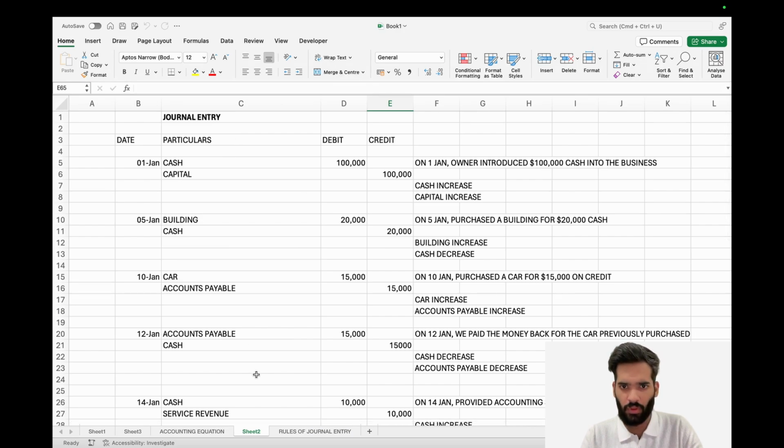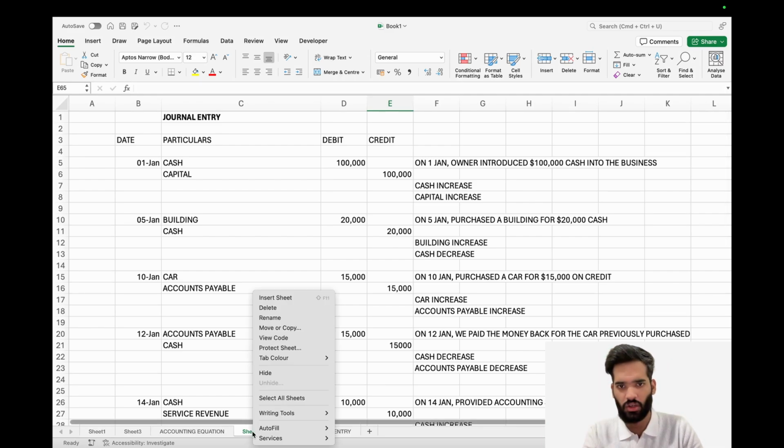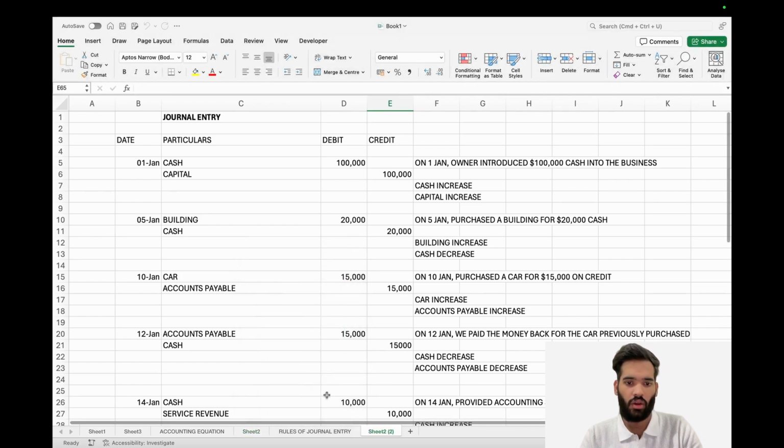I'm going to show you here. You know what, I'm just going to make a duplicate of this sheet just in case we also need to see this again in the future. So let's make a duplicate. There we go. Okay, so now we have a duplicate file and the original entries just in case we need the original ones.